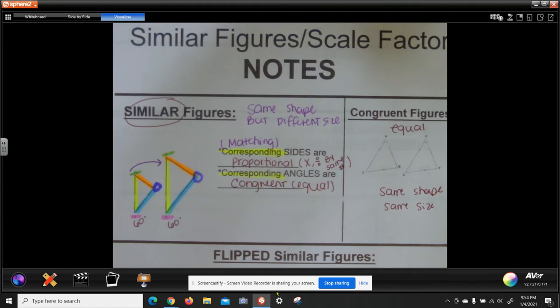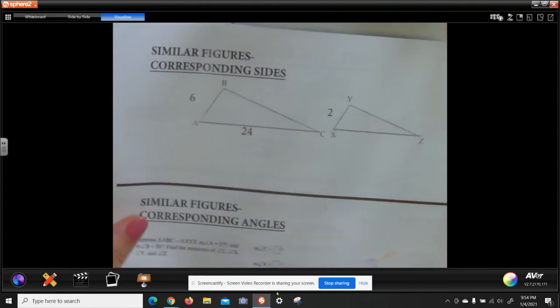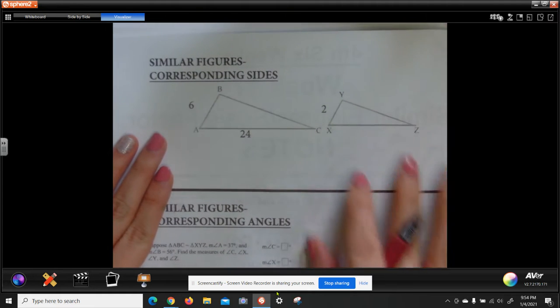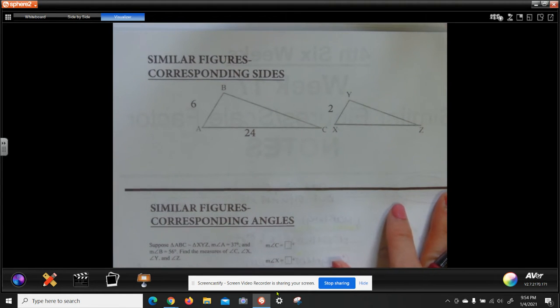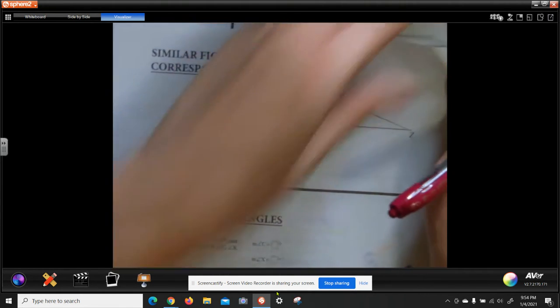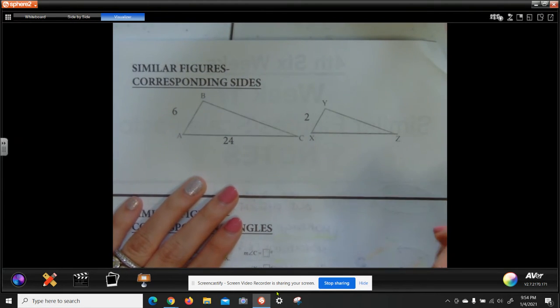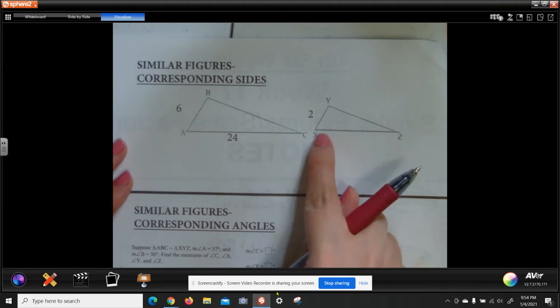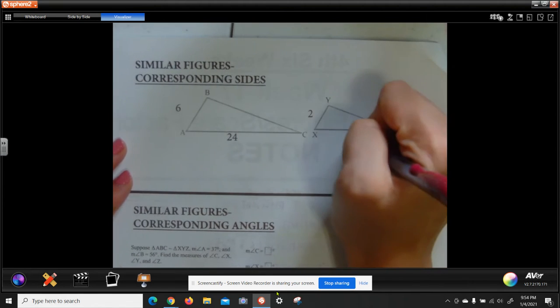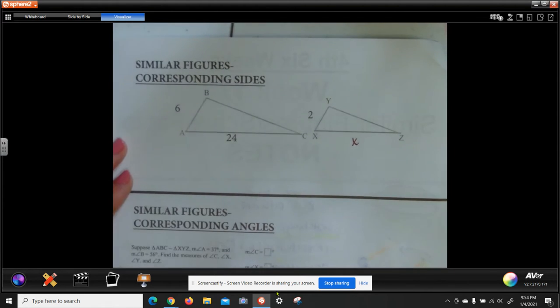Now, if you go on to page 2, what you need to know about similar figures is that they're always going to give you two similar shapes, and they're going to ask you to find the measurement of a missing side. So for instance here, let's say XZ is our missing side. We're going to write it with a variable X. We don't know what that measures.